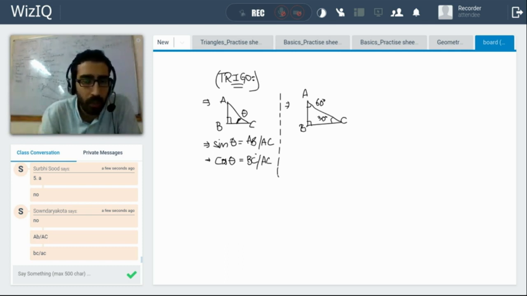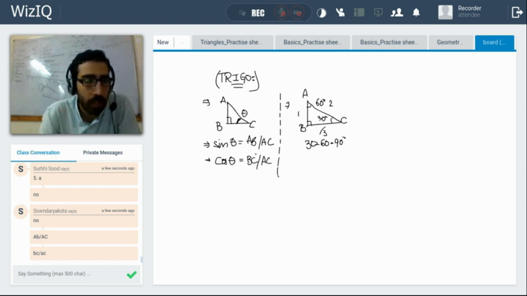Now, this is a 30, 60, 90 triangle. This is what triangle ABC here is. There are set ratios for this, and those ratios are: the side opposite angle 30 degrees, if that were to be 1, then the side opposite 60 degrees will be √3, and the side opposite 90 will be 2.